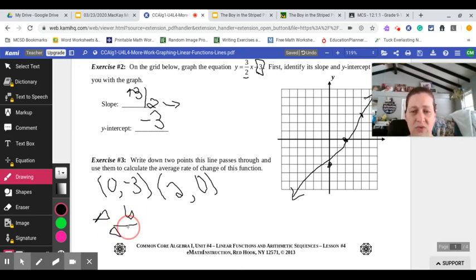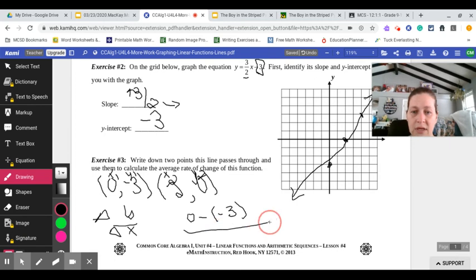I apologize, those should really look more like triangles. Label x1, y1, x2, y2. So 0 minus negative 3 over 2 minus 0. That gives me an average rate of change of 3 over 2, which is what we got over here when we got our slope.